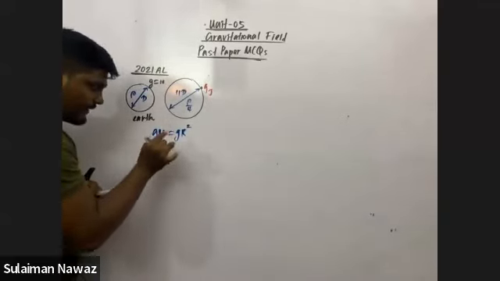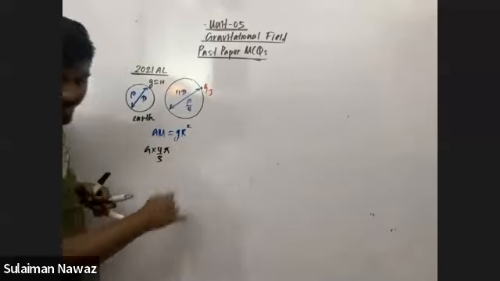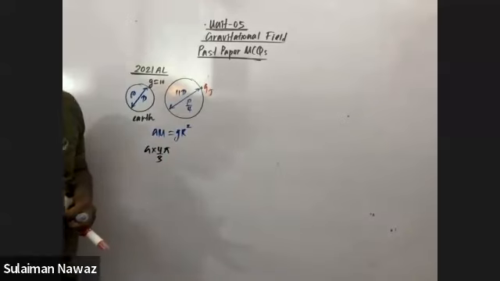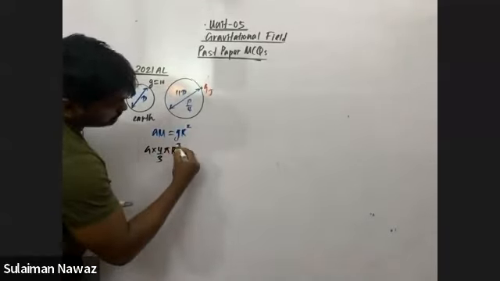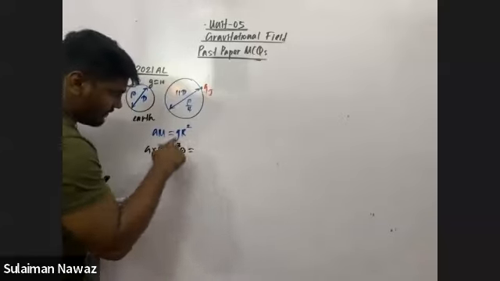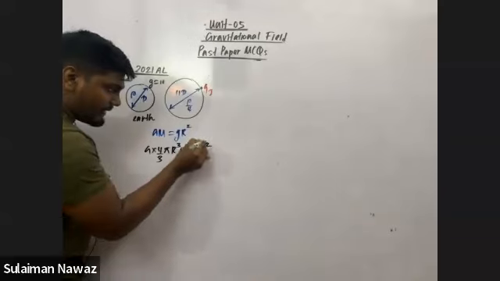Now volume of a sphere means 4/3 pi R cubed. Density is rho. Gravitational acceleration g equals G times 4/3 pi R cubed rho over R squared.